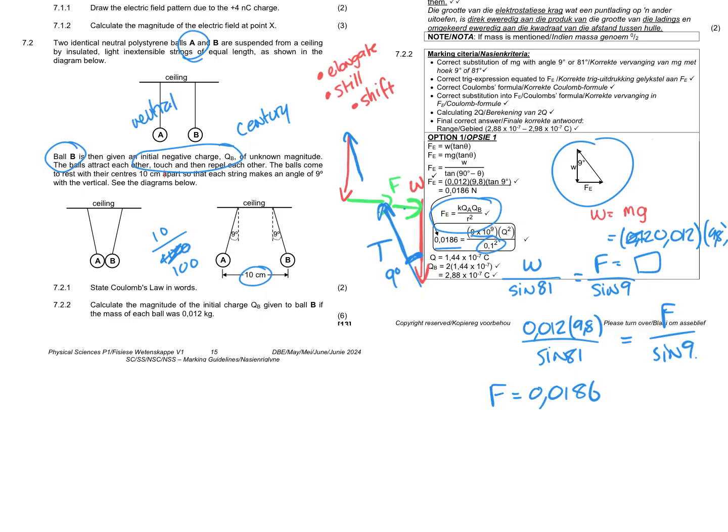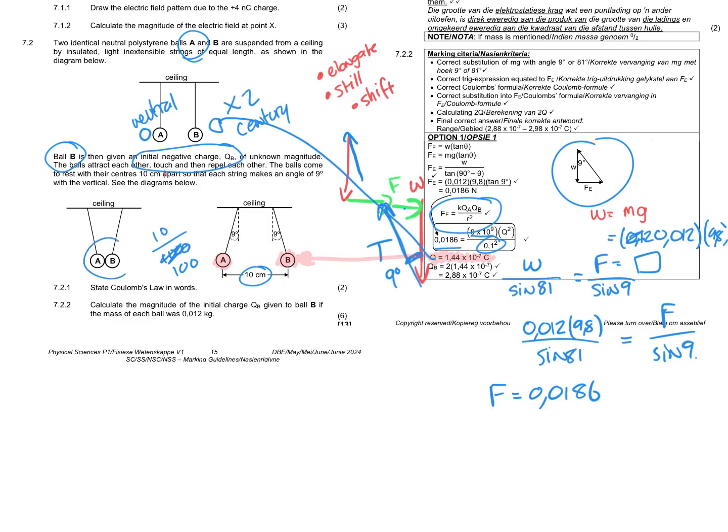So basically, the answer that you get for the charge needs to be doubled. This is a nice little question as well. At this point, in the red, each of these spheres has that same charge. But in the beginning, A had no charge, and B had this charge times 2.